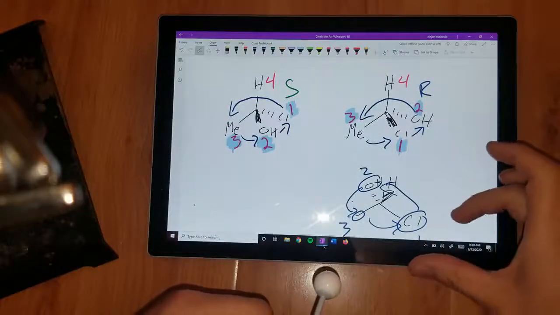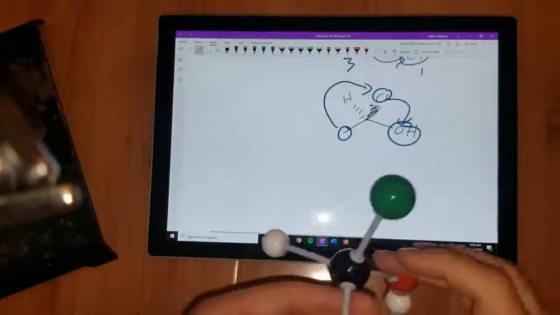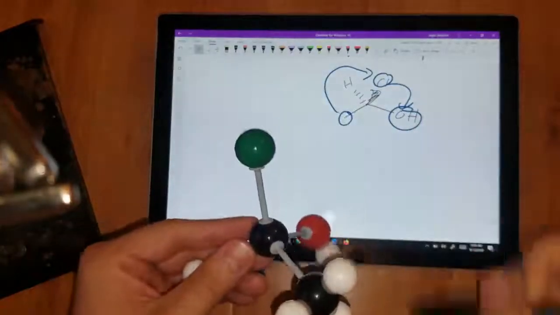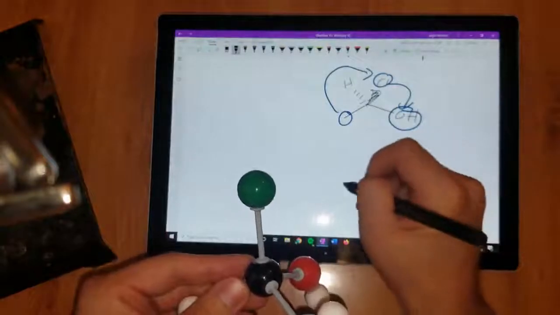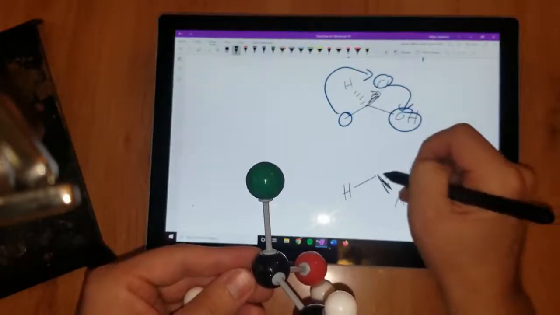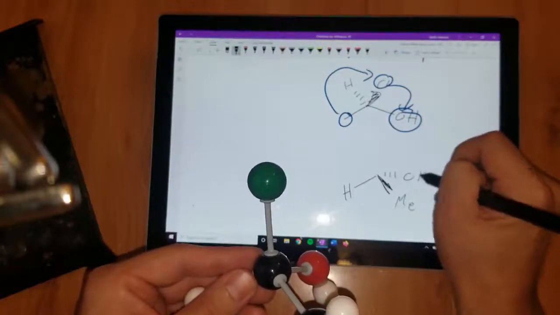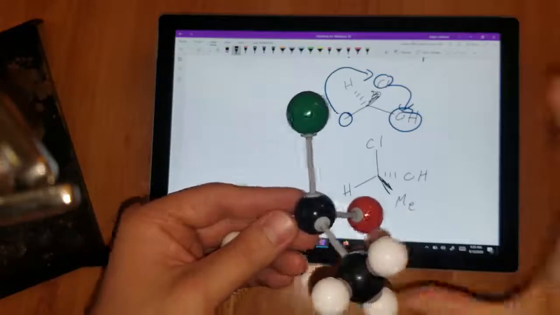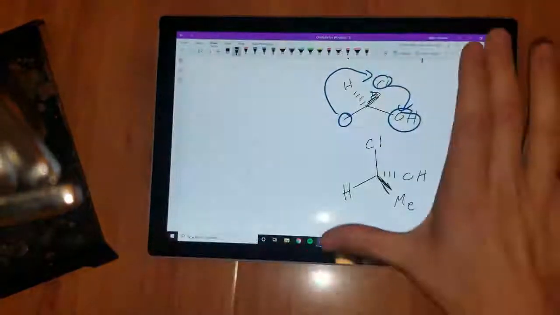All right, so we've got that scenario, that scenario, that scenario. And then the final scenario would be with the hydrogen pointing over here. In this case, we'd have this hydrogen here, this methyl group sticking out like this, the OH here, and then this Cl here. Again, what I want to do is stick my right hand wherever my lowest priority is.